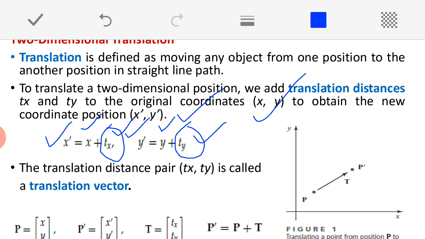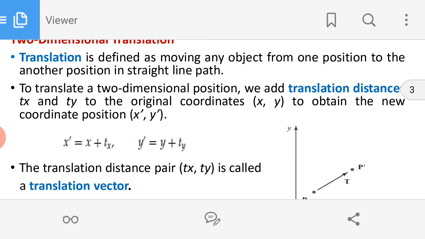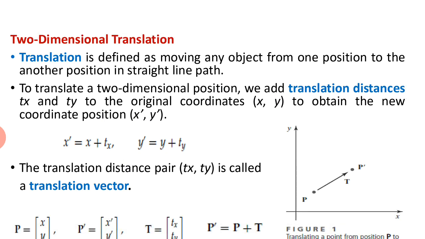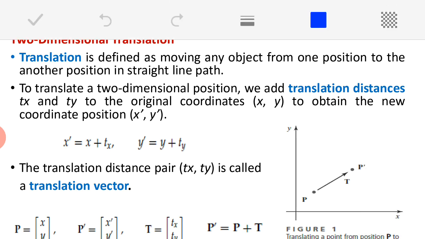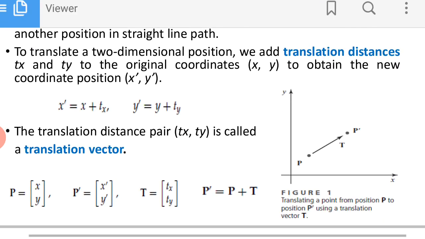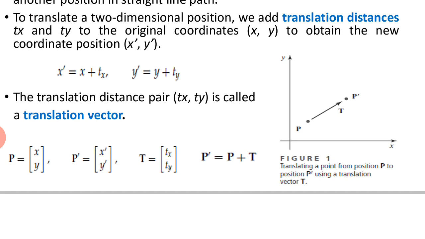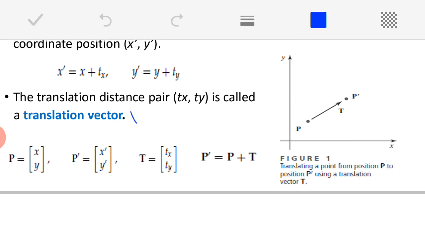Translation means moving a point P from its original position to a new position. Here, the distance pair Tx comma Ty is called a translation vector.